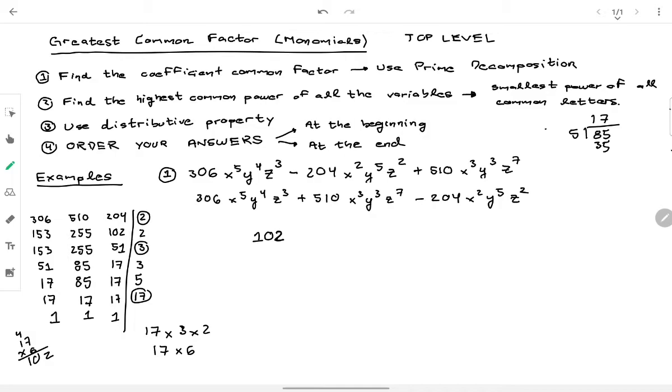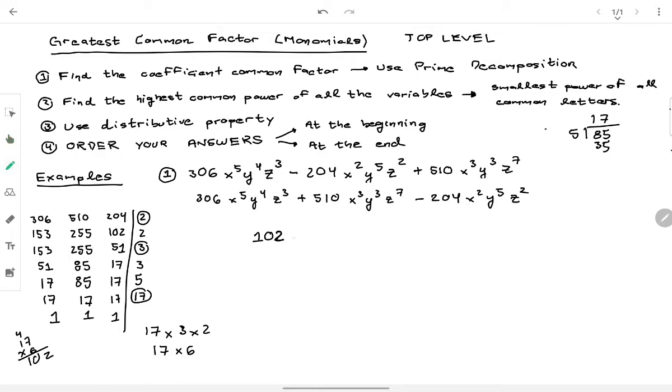In this case, x, we have x to the 5, x to the third, x squared. So the biggest common power is x squared, because x cubed is composed of x squared multiplied by x, and x to the 5 is composed of x squared multiplied by x cubed.